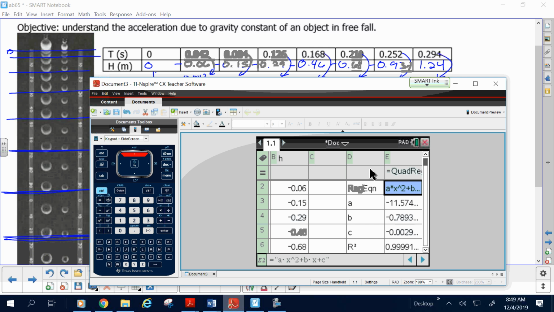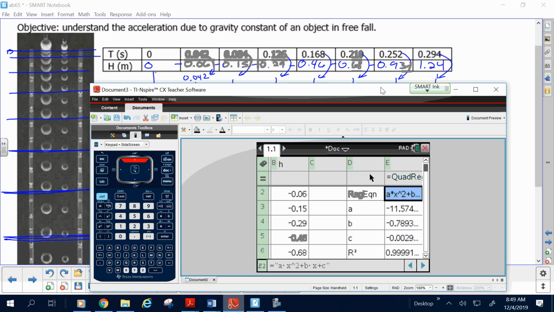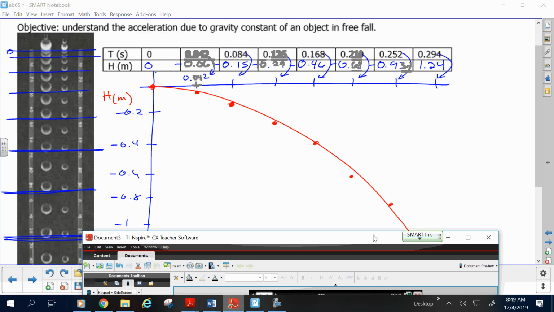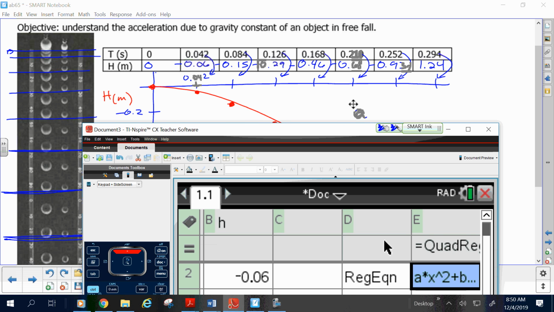So anyway, these are what we need. A, B, and C, they're the constants in the calculation that we want. So negative 11, acceleration, the equation for height as a function of time is negative, what was it again?